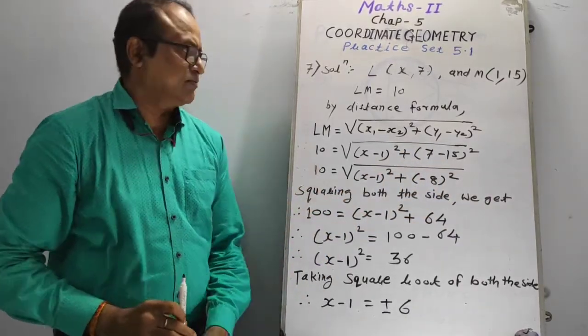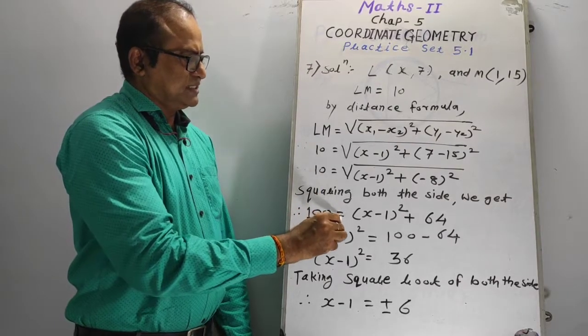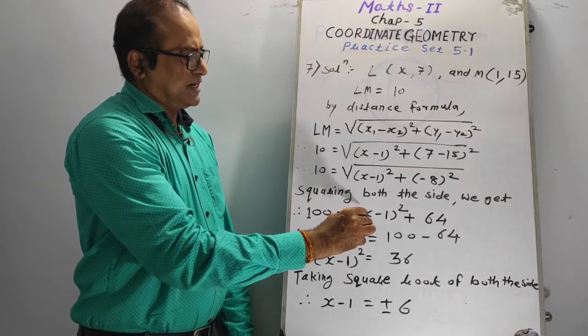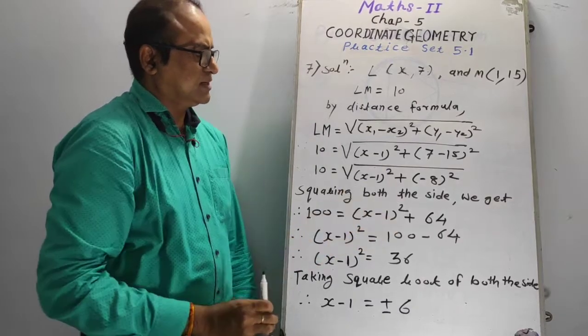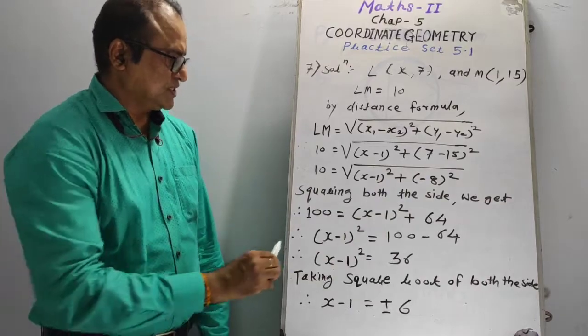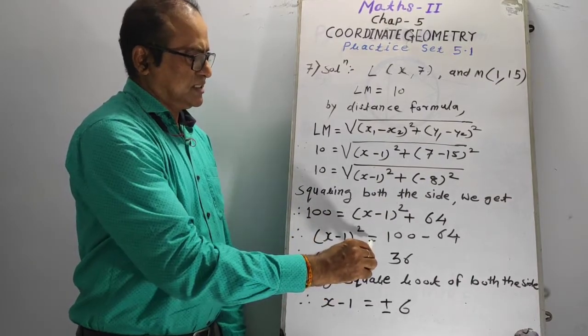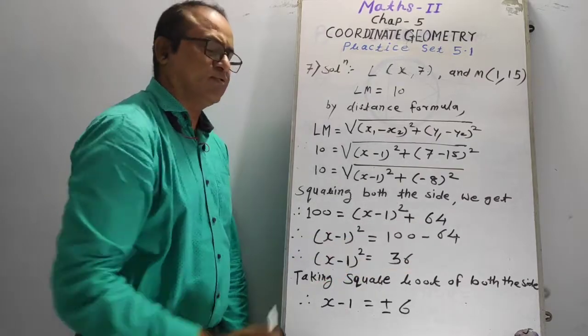Squaring both sides, we get 10 square is 100, equal to (x minus 1) square plus 8 square is 64. Therefore, (x minus 1) square is equal to 100 minus 64.